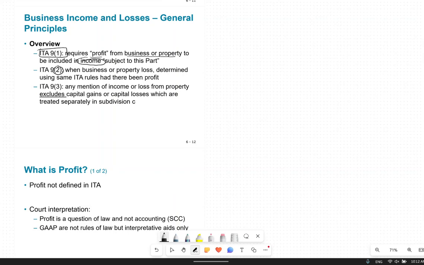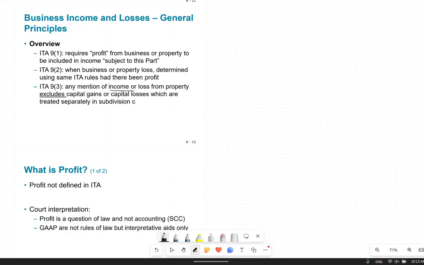And then under 9(2), we have that when a business or property loss is determined, it uses the ITA rules that had applied to a profit before. So here, if you look at it, we only have a profit. Here you have a loss under this. So we have a profit, and then we have a loss.